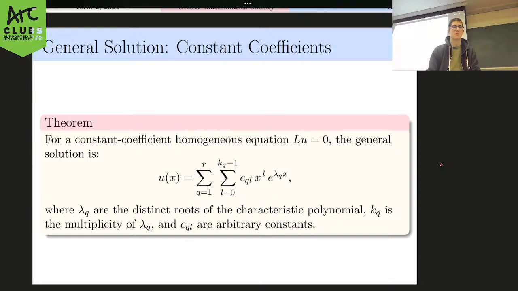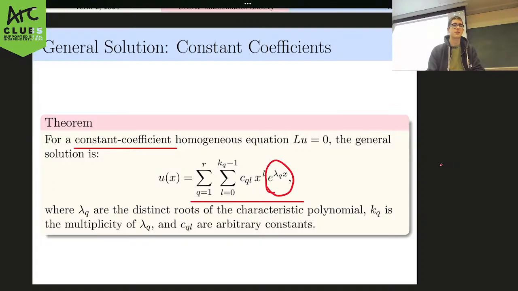Okay, so this is kind of a big scary theorem. Hopefully you remember kind of what it says though. So what we're saying here is that if we have an inhomogeneous equation, now the constant coefficient case, which is kind of the main one we look at in this course, then we can write our general solution as a linear combination of these types of functions. So first of all, we have e to the lambda x. What lambda is, that's the root of the characteristic polynomial of our differential equation.